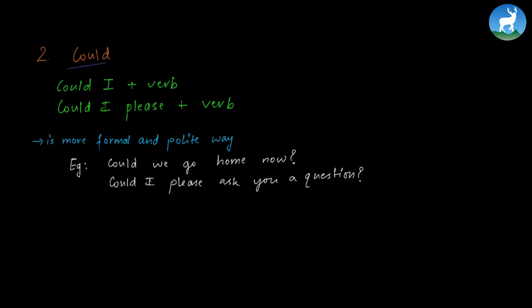"Could" is not very formal, but it's one step more than using "can". So instead of using "can", if you want to sound a little bit more formal, you can make use of "could". So "could I" plus verb and "could I please" plus verb. These were the two possible sentence structures for the modal verb "could". And the example was "could I please ask you a question", which is not very formal, but still more polite and formal than "can".